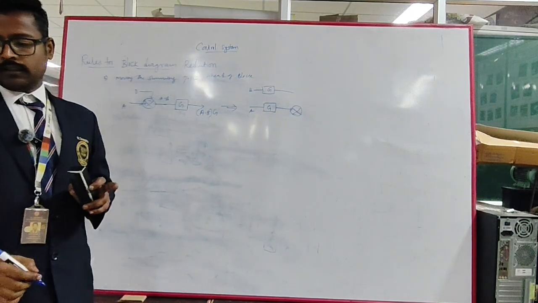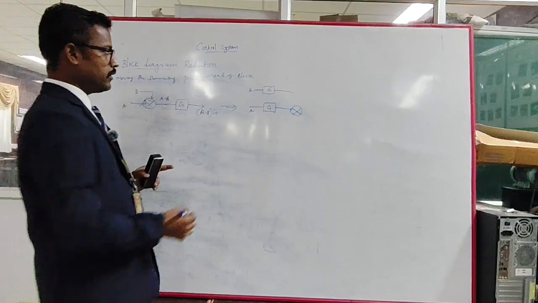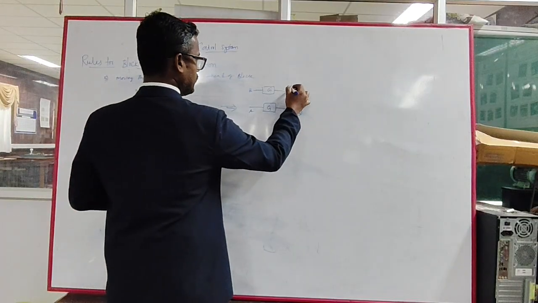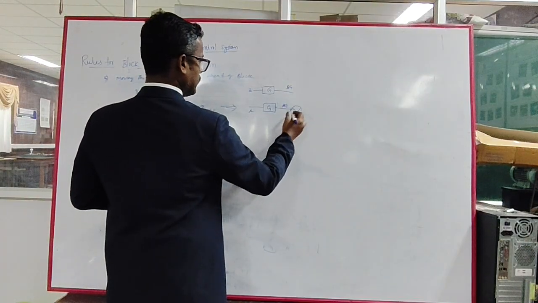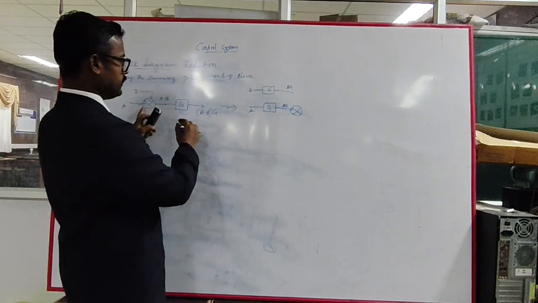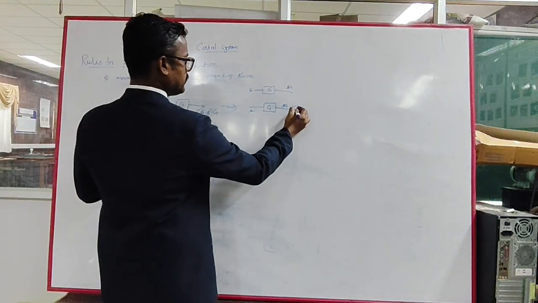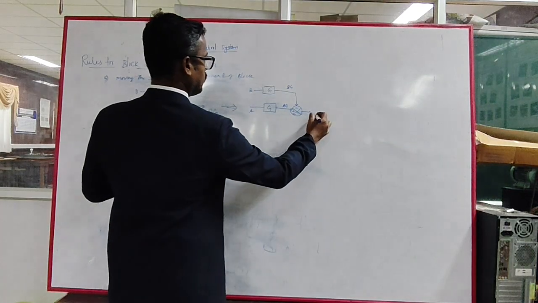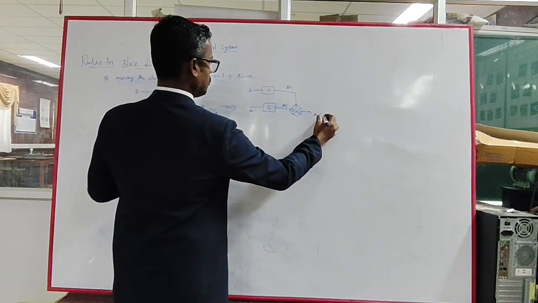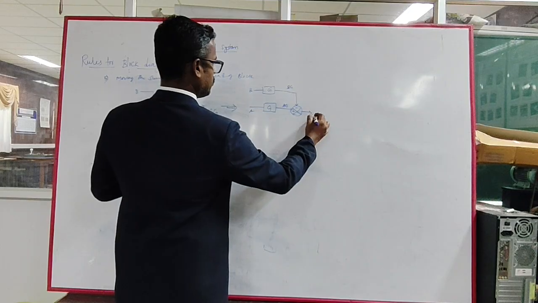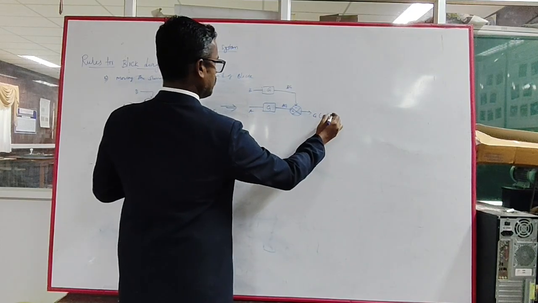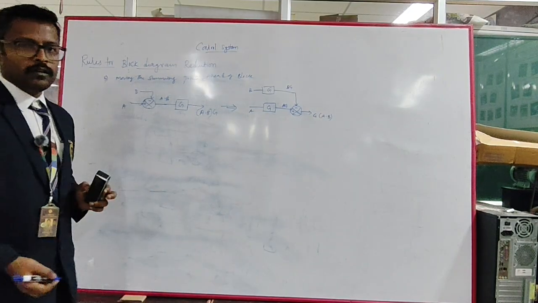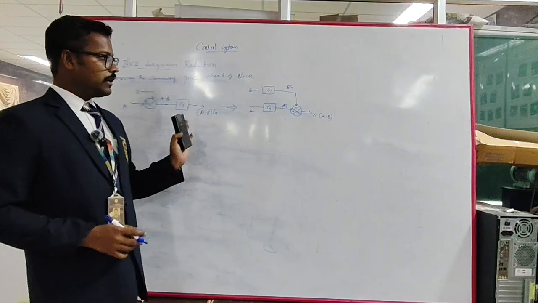This is BG and this is AG, and following the same signs, this is plus and this is minus, so the resultant is G into A minus B. Okay, so this is moving ahead of the block.